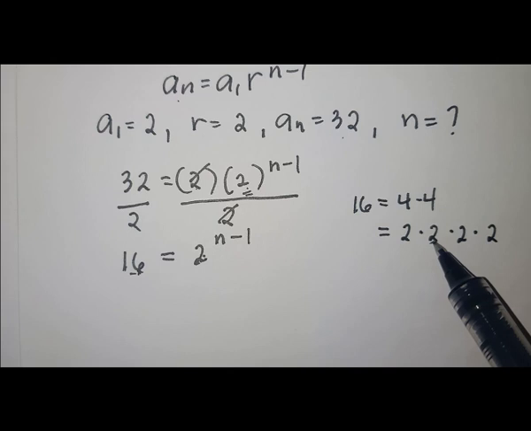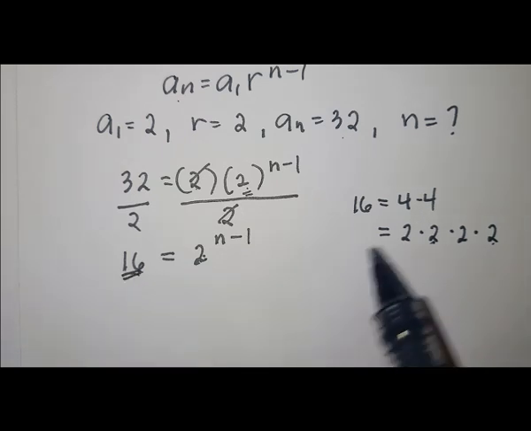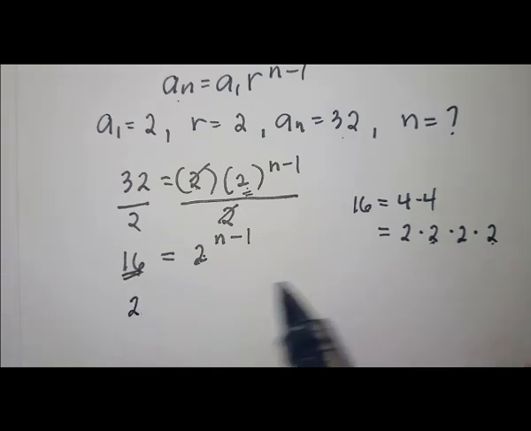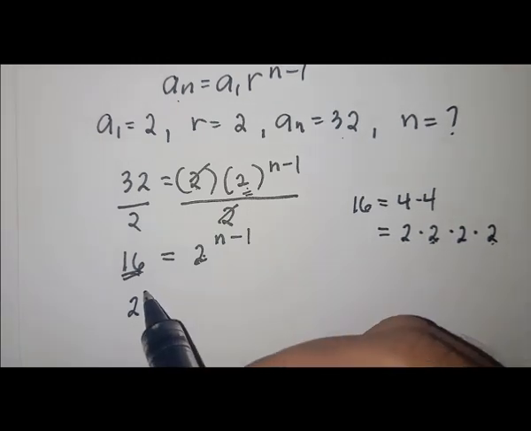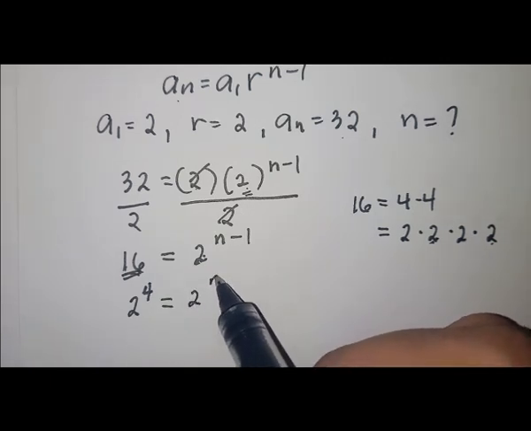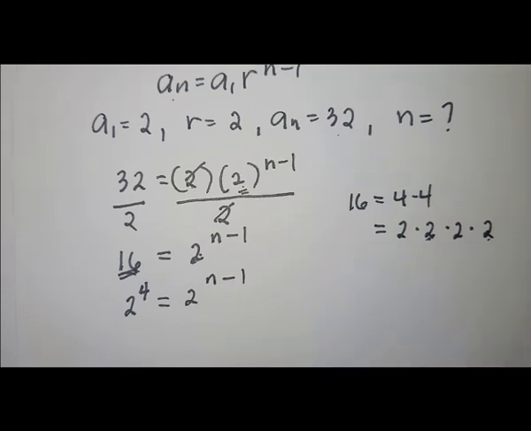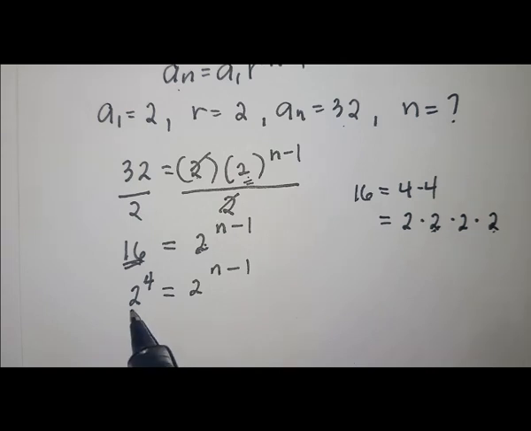So, 2 times 2, 4 times 2, 8 times 2, 16. So, ibig sabihin, kapag sinulat natin yung 16 into exponential form, meron tayong 2 raised to, ilan ba sila? 1, 2, 3, 4. So, meron tayong 2 raised to 4 equals 2 raised to n minus 1. So, dito sa gagawin natin na to, kung makikita nyo, parehas na yung base nila.